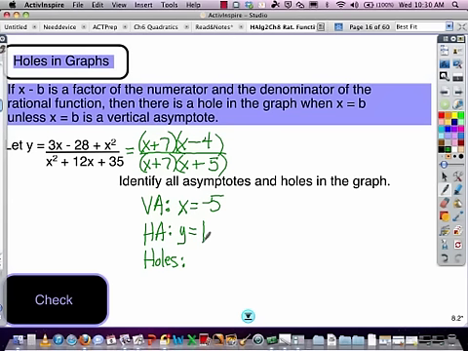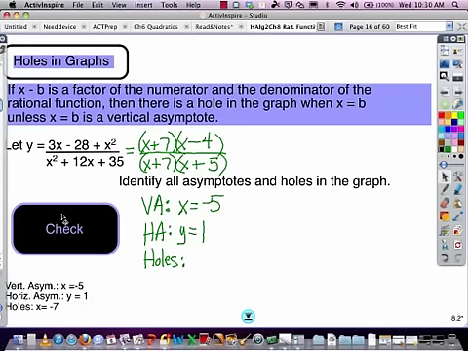So we should be getting, it's a factor of both, and the -7 is not a vertical asymptote. So the question is, do we have a hole or do we have no holes? We do have a hole at x equals -7. Okay, so we listed our asymptotes, our horizontal, and then based on the definition, our hole should say x equals -7.